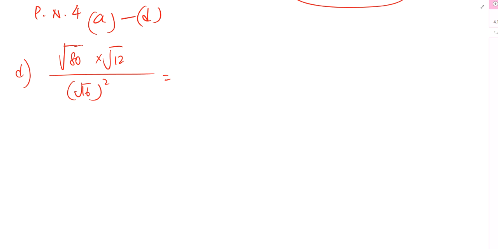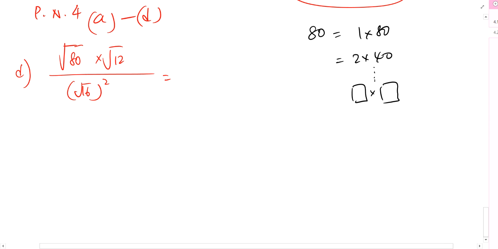80 can be broken down into factors. 1 times 80, 2 times 40, so on and so forth. We try to find factors that are perfect squares. Are there any perfect squares as factors? What are they? 5 times 16.